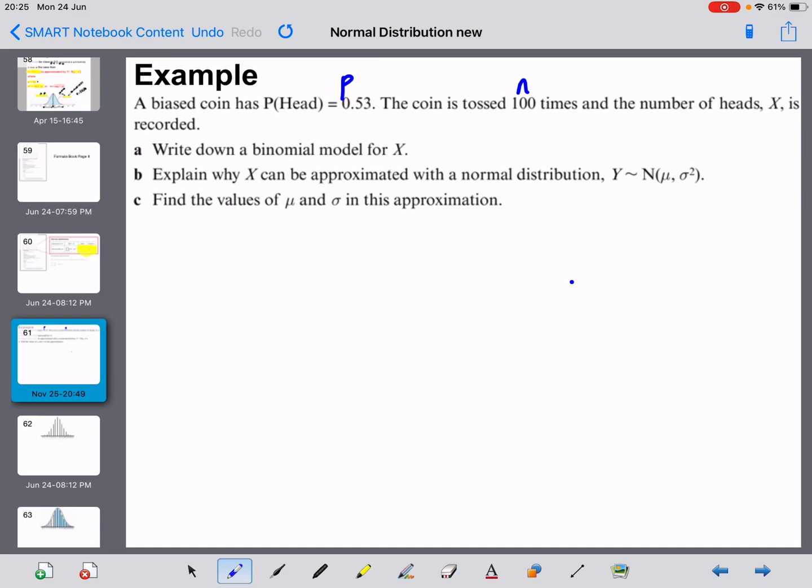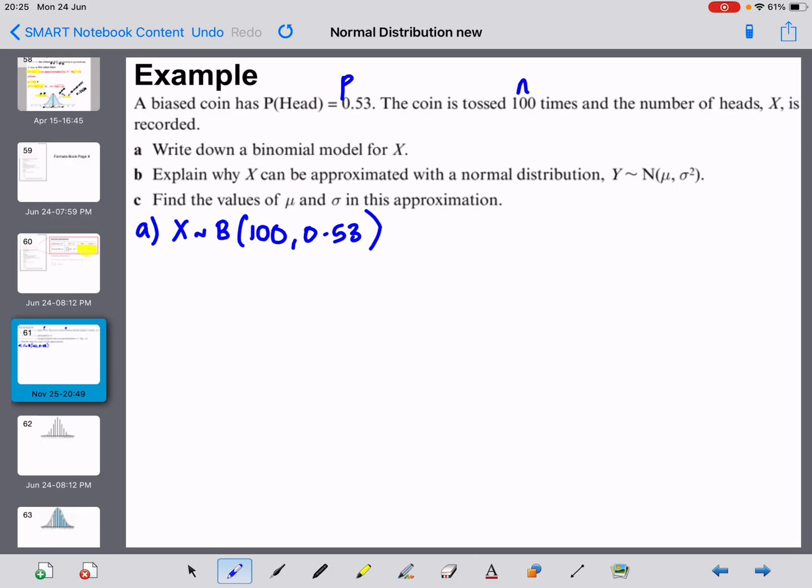Write down a binomial model for X. So we just need to define our parameters. X is distributed binomially with 100 trials, and the probability of success is 0.53.